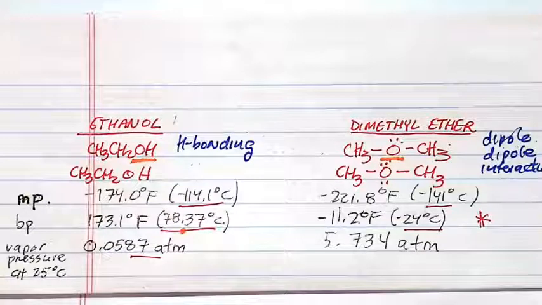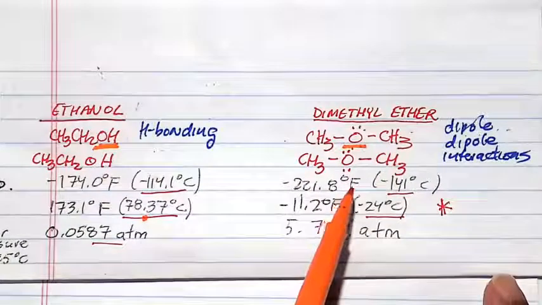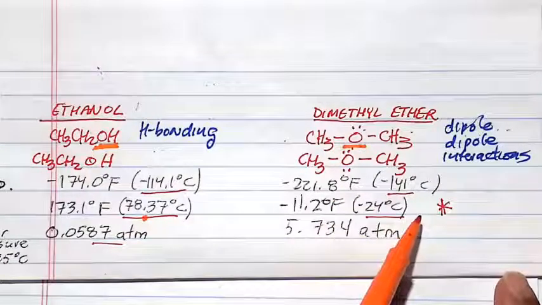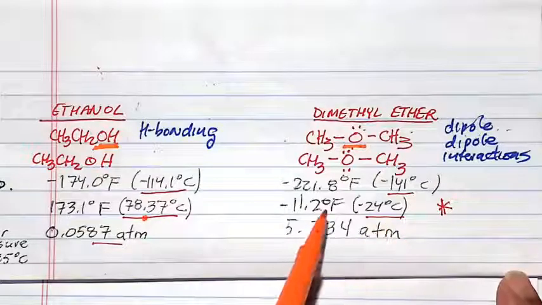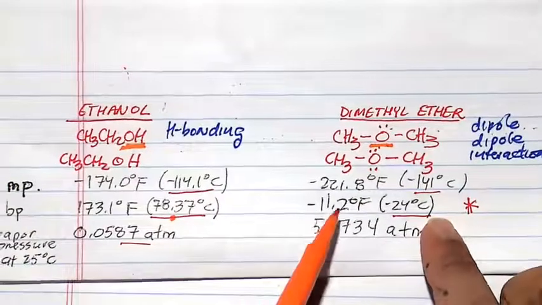Hydrogen bonding is much stronger than dipole-dipole interaction. Dimethyl ether only has polar interactions, and dipole-dipole moments are not as strong. So essentially dimethyl ether exists as a gas at room temperature.